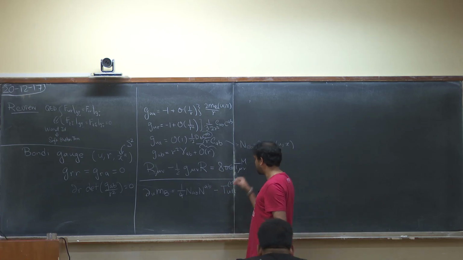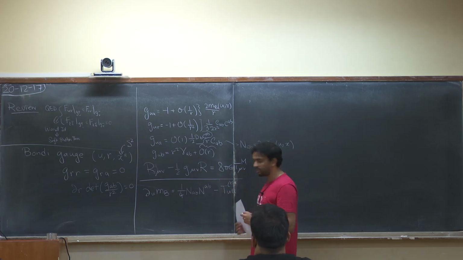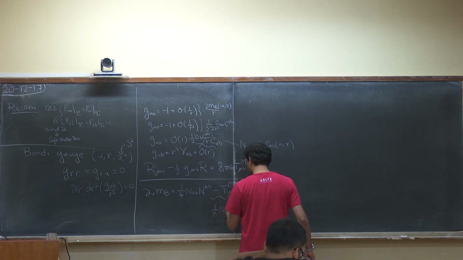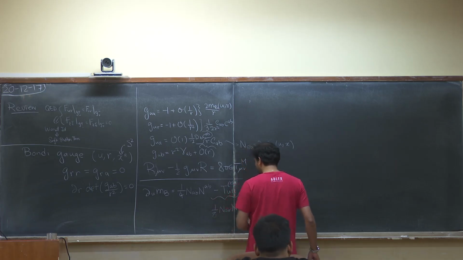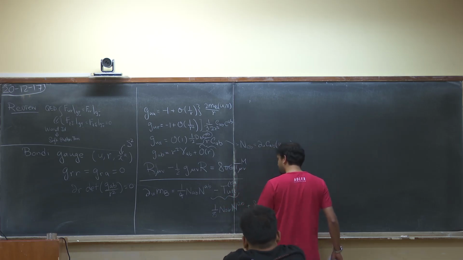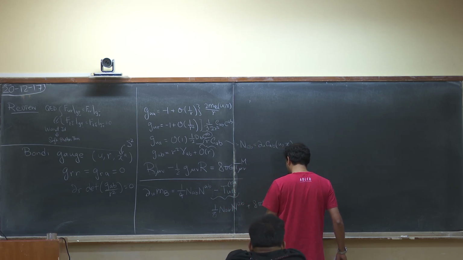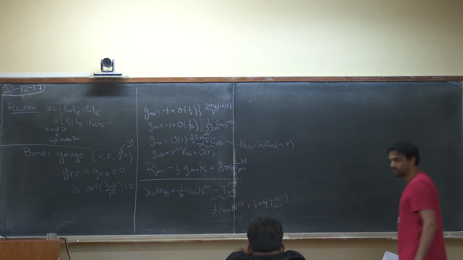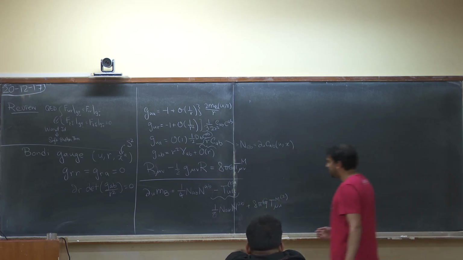In particular, it includes the matter part, but it also includes the gravitational energy. So this, for instance, is just equal to 1/8 N_AB N^AB, and then there's a term that corresponds to T_uu matter, and I'm looking at the 1/r² component of that.